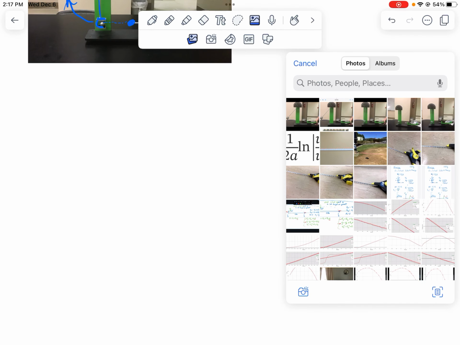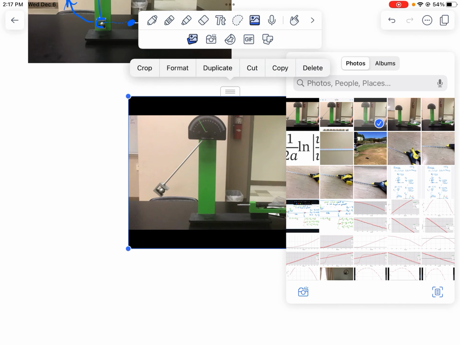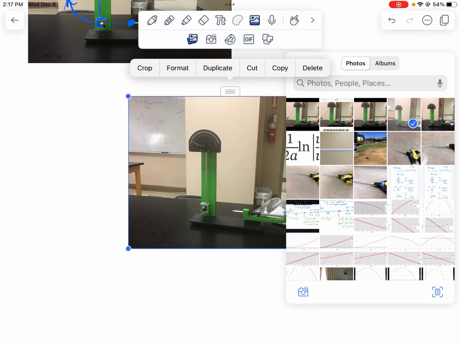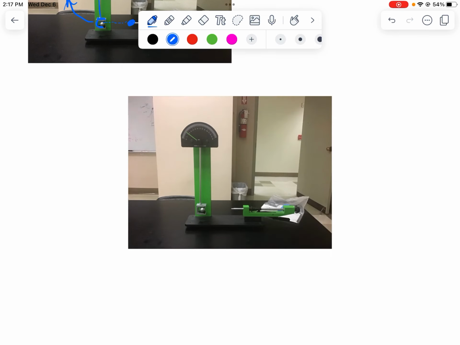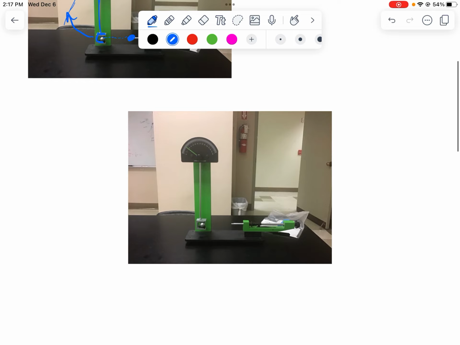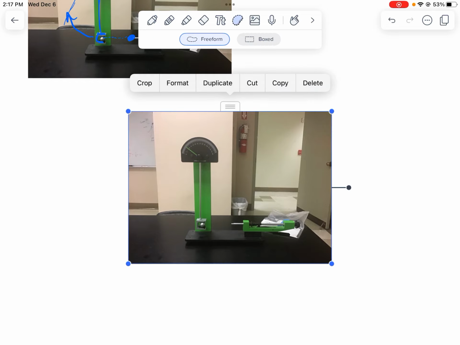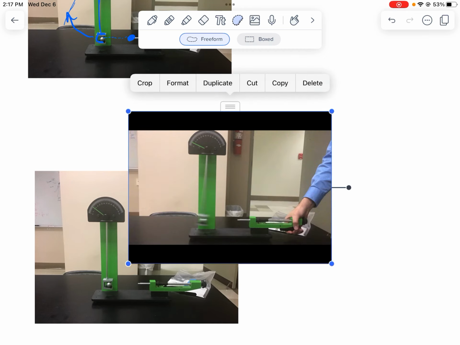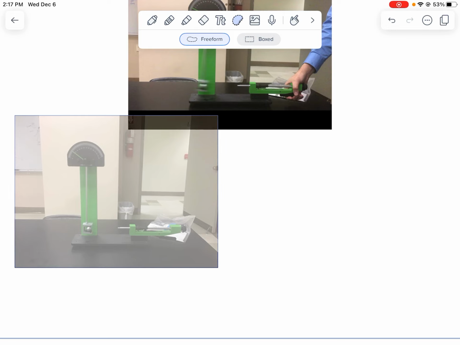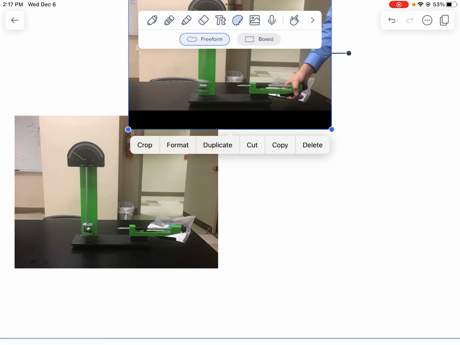Okay, so I'm going to insert some images here and then arrange them in time order. Okay, so here we've got the pendulum before it fires.